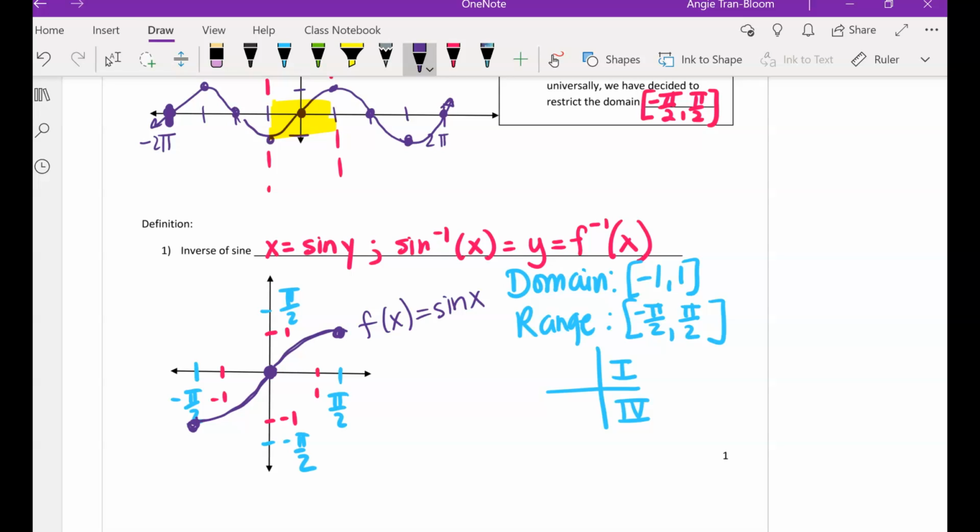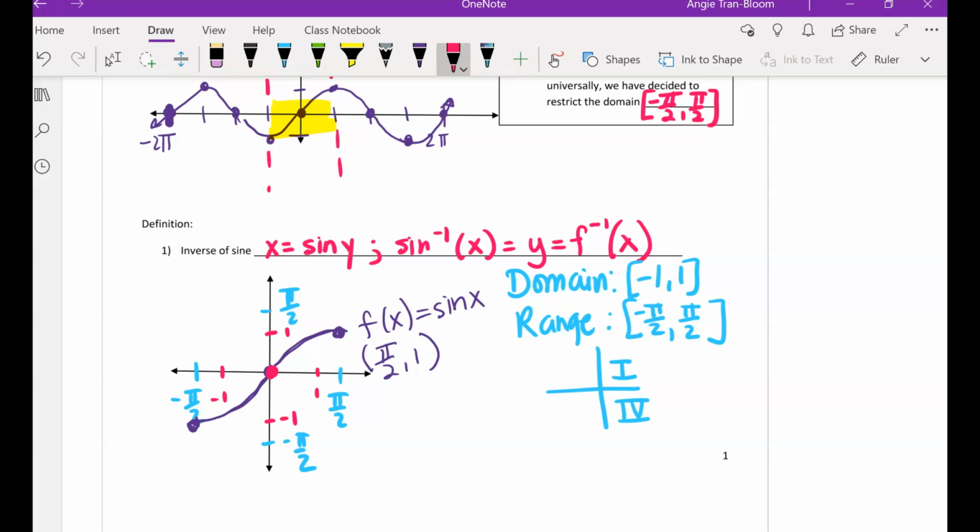What do we switch? X and y. Would the 0, 0 be there? Yeah, the 0, 0 is still going to be there. How about this ordered pair over here? This ordered pair is pi over 2, comma 1. How would I switch that? 1 comma pi over 2.